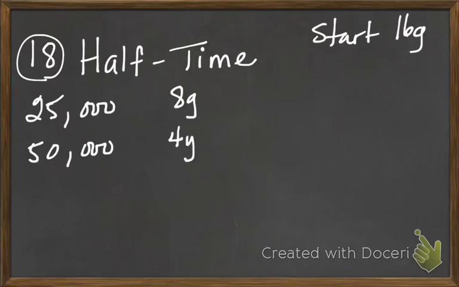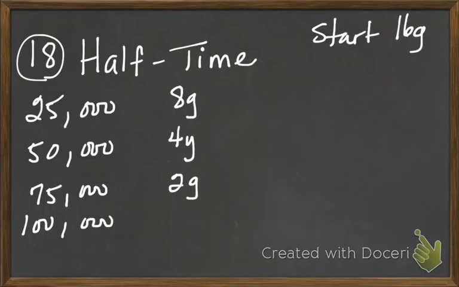That's what half-life means. After 75,000 years, 2 grams will be left. After 100,000 years, 1 gram. After 125,000 years, 0.5, or half a gram, will be left.